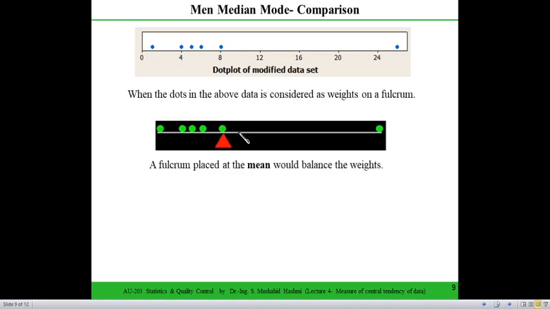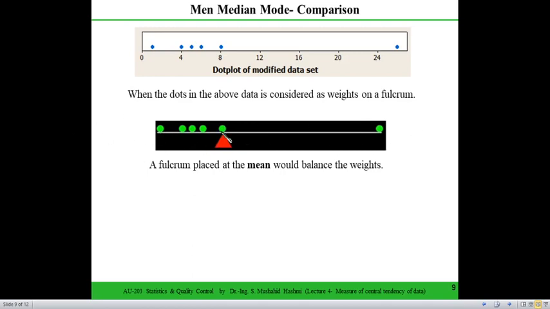Then I need to place a fulcrum so that it balances out, and that point would be your arithmetic mean. So the arithmetic mean would be the balance point where all the data is centralized, where you can put your fulcrum so that all these weights are balanced with each other.